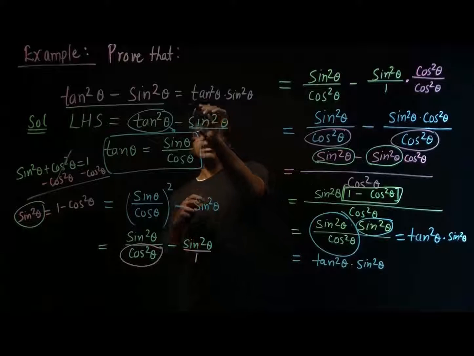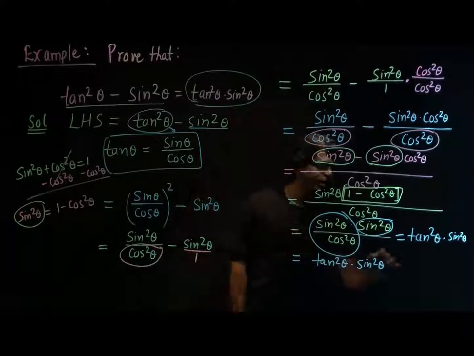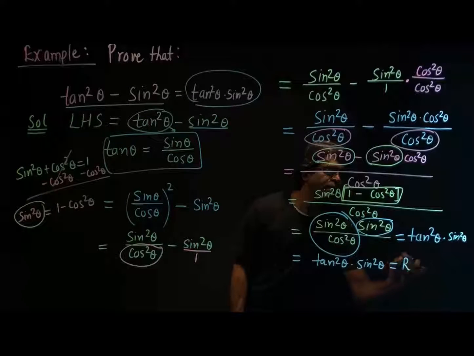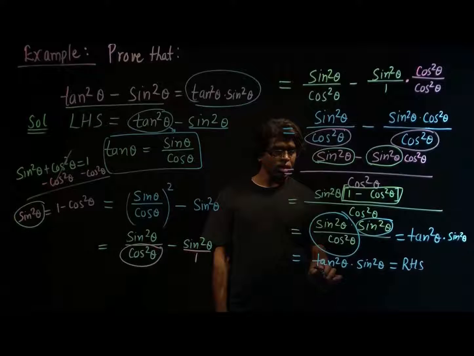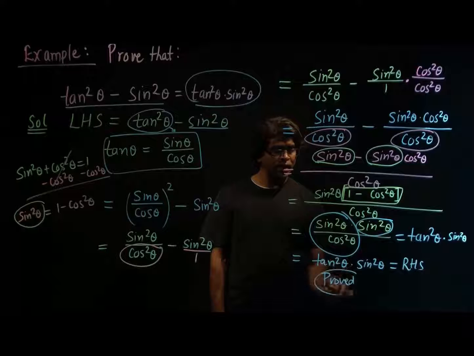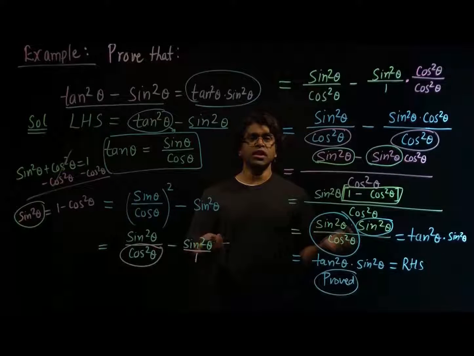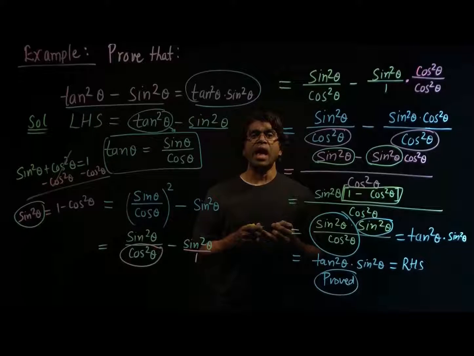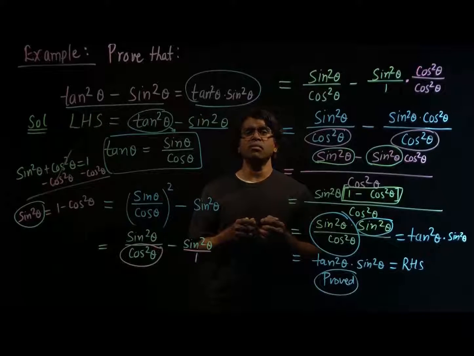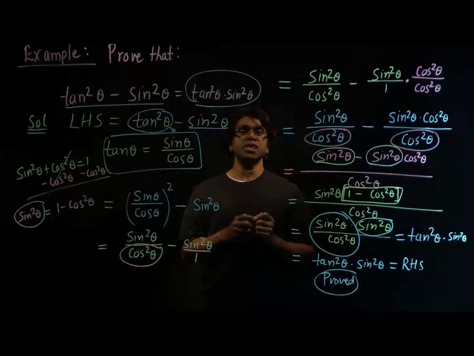And if you look closely, this is my right hand side. So we proved that the left hand side is equal to the right hand side. And this is how we solve problems or examples related to trigonometric identities.